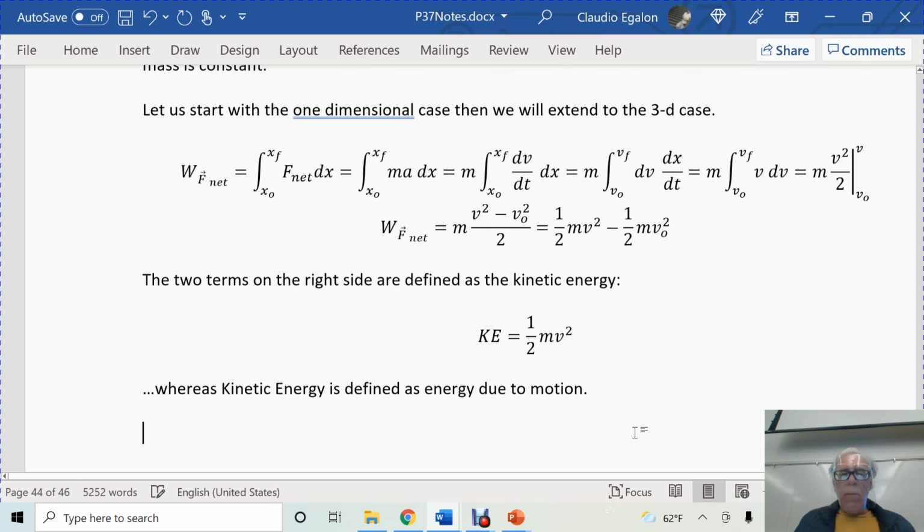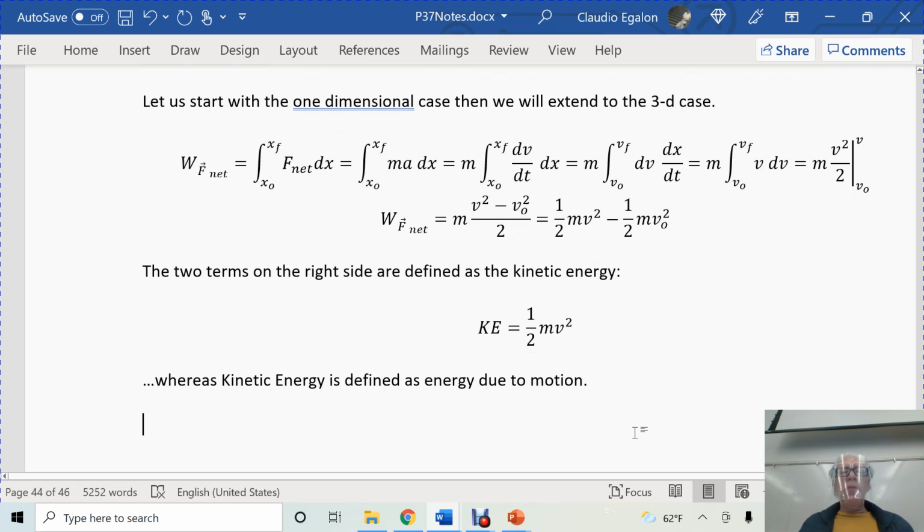There's another type of energy, but let's stick to this one first. Energy due to motion is kinetic energy, half m v squared. That's where this definition comes from: the work-kinetic energy theorem.